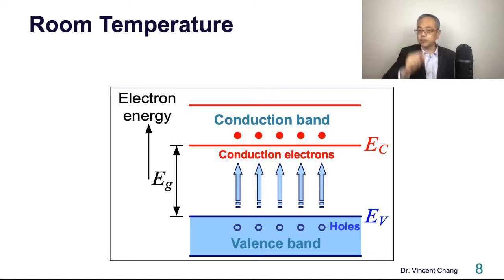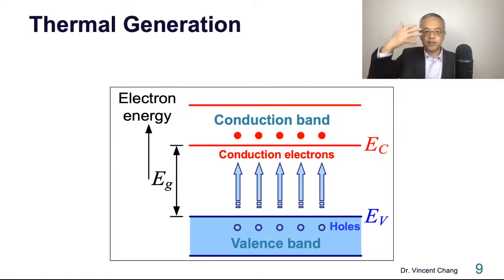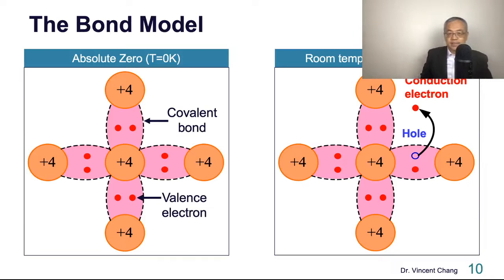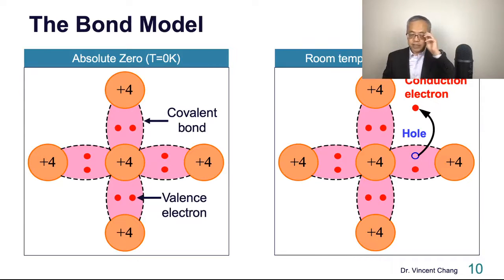But in energy space, we simply say thermal generation, which generates an electron-hole pair. Get it? Let me quickly sum up with a contrast between the bond model and the energy model.